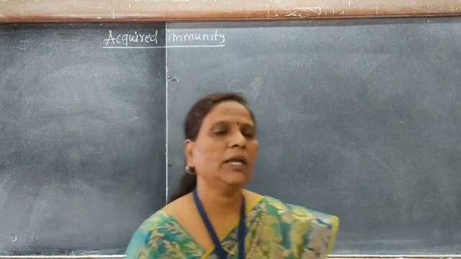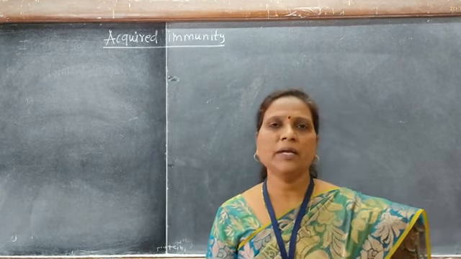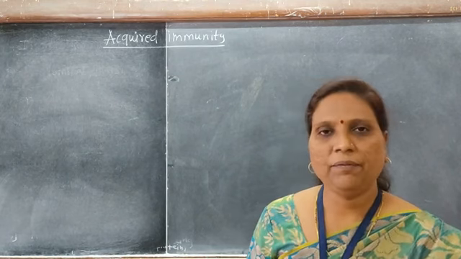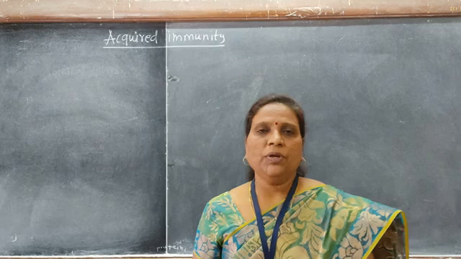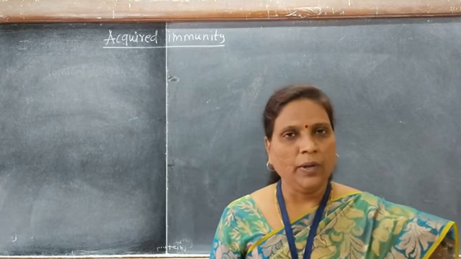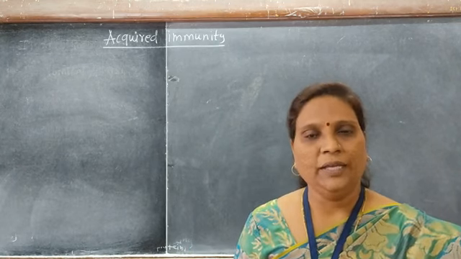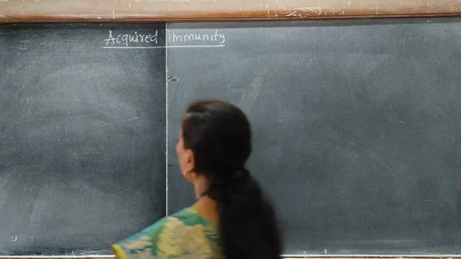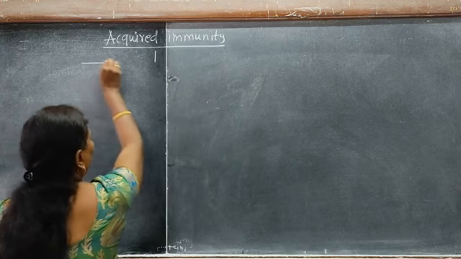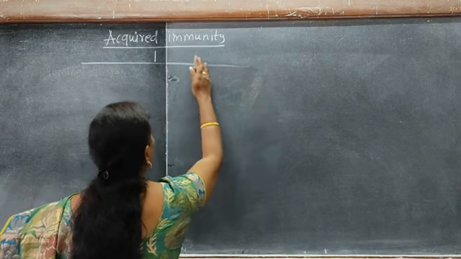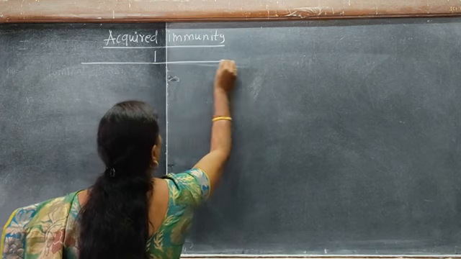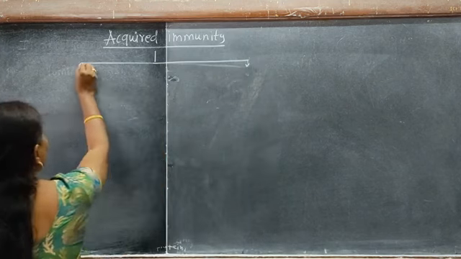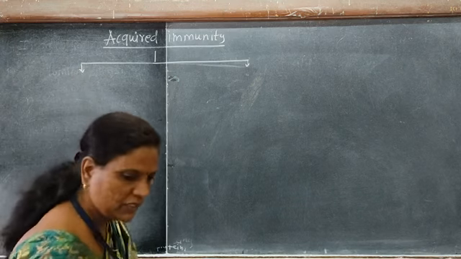What is the meaning of acquired immunity? It is the immunity which is acquired by the individual in its lifetime. This immunity is adaptive and specific immunity. Now we are going to study the various types of acquired immunity. Mainly, acquired immunity is of two types, that is active and passive immunity. First is active.